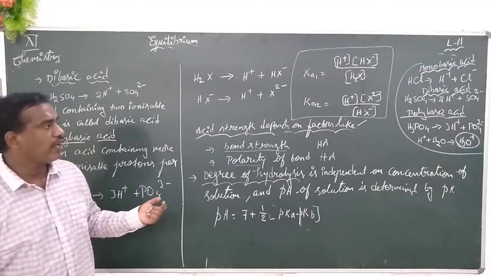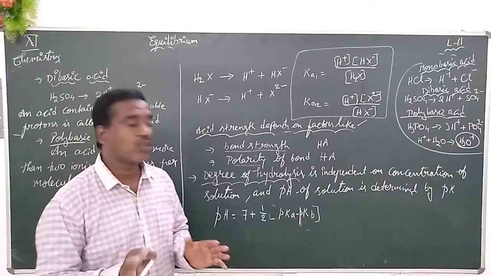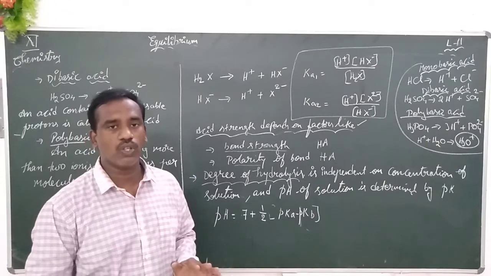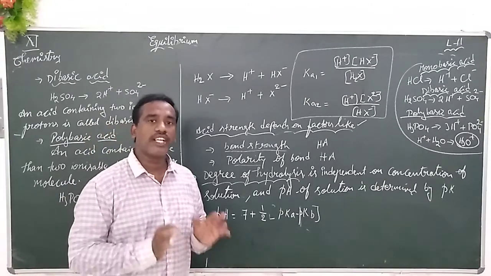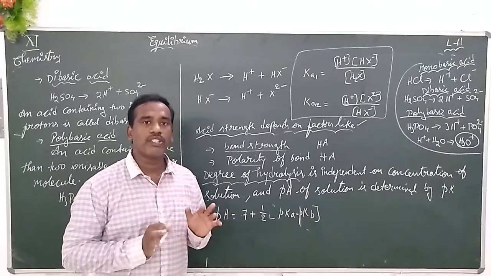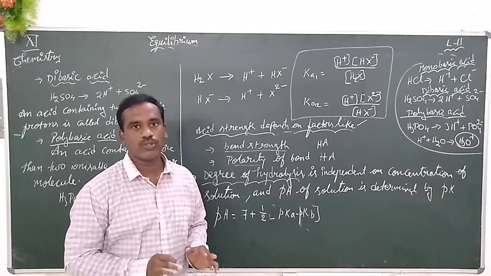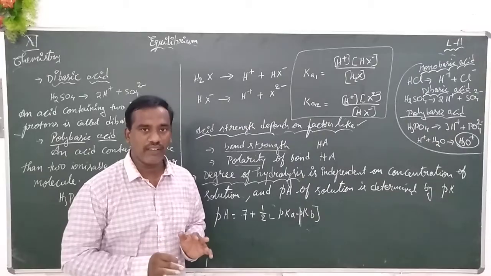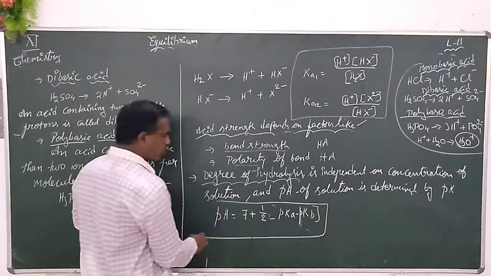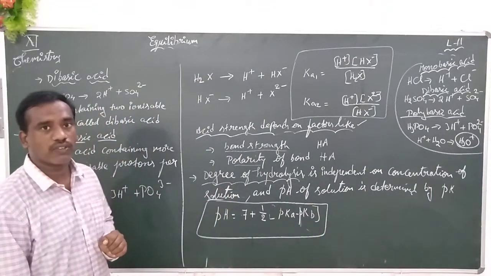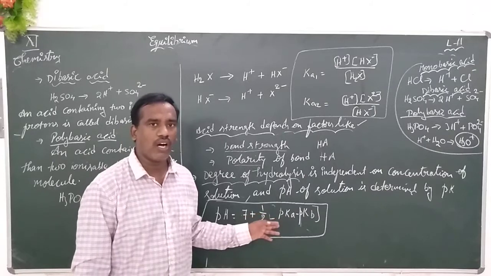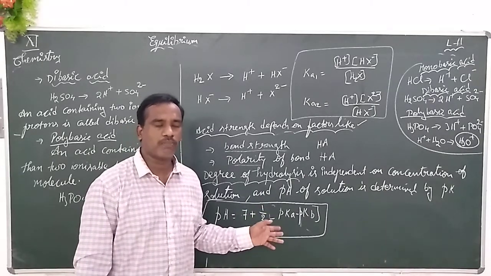The degree of hydrolysis does not depend upon the concentration of the solution. To express this, we bring one equation where the pH depends upon the pK values. Very important: the pH, which does not depend upon the concentration of the solution, is equal to 7 plus half of pKa minus pKb.